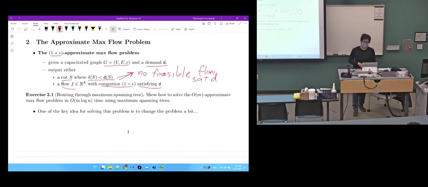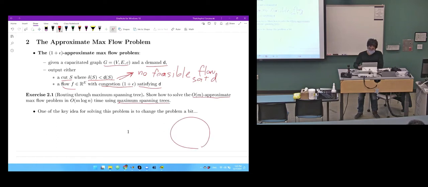But actually, if instead of 1 plus epsilon, I allow a very big approximation like M, if I want just M approximation, then this problem can be solved easily. I will not tell you how, but the basic way is you compute a maximum spanning tree in the graph.